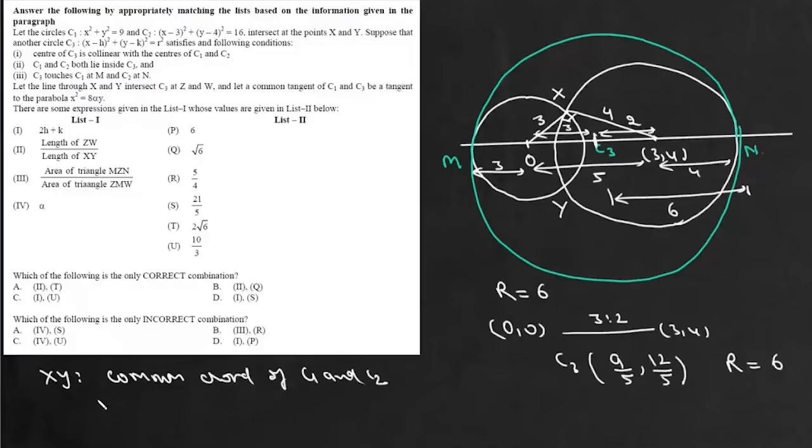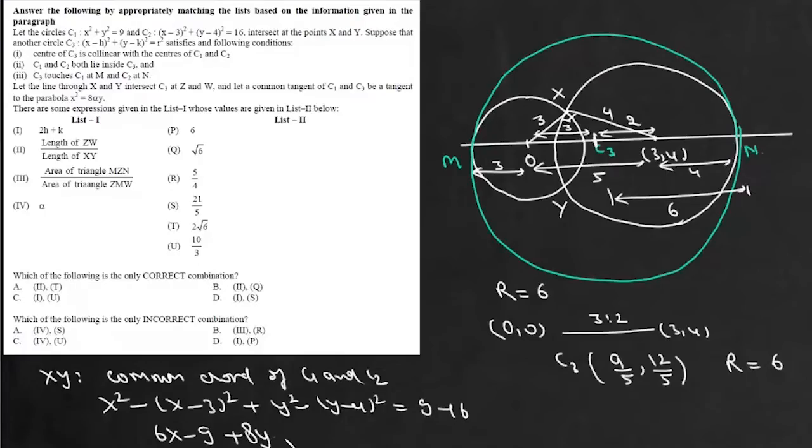We know that common chord is given by radical axis, which is S1 minus S2. So this equation will be x square minus (x minus 3) square plus y square minus (y minus 4) square, and that will be 9 minus 16. Now here x square will cancel. We'll get this as 6x minus 9 plus 8y minus 16, and this is minus 7.